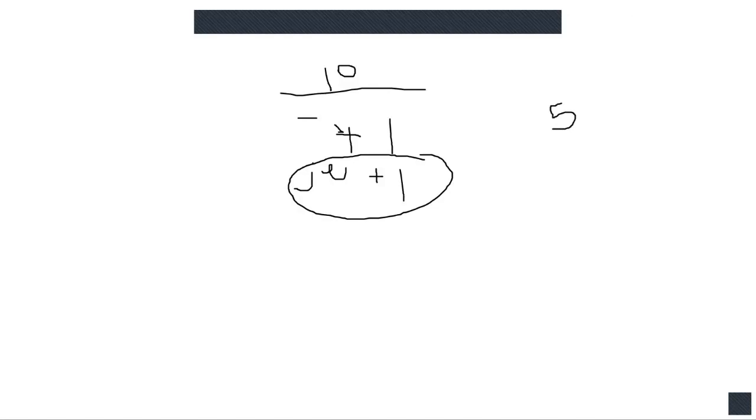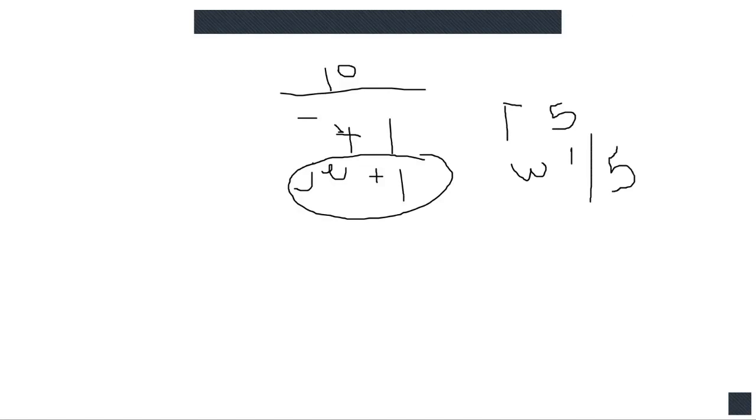Time constant t is equal to 5. What is omega going to be? 1 upon 5, right? So omega into t is equal to 1, right? When you multiply these two, omega t is going to be 1. So 1 is the threshold value.